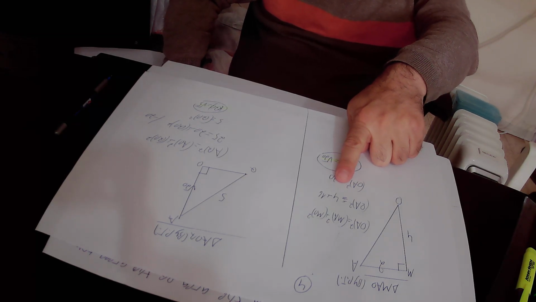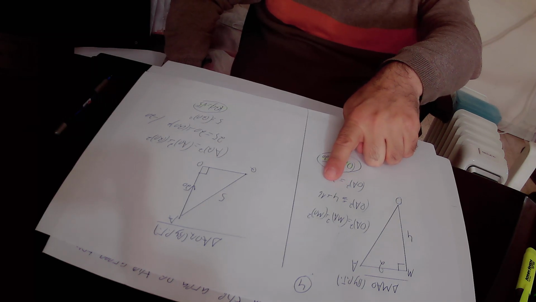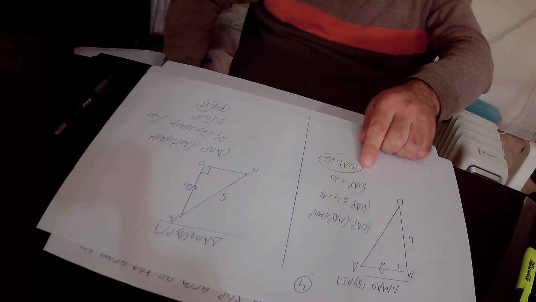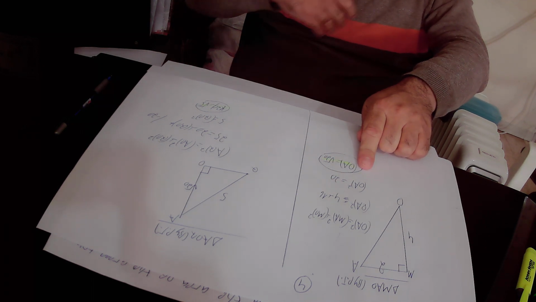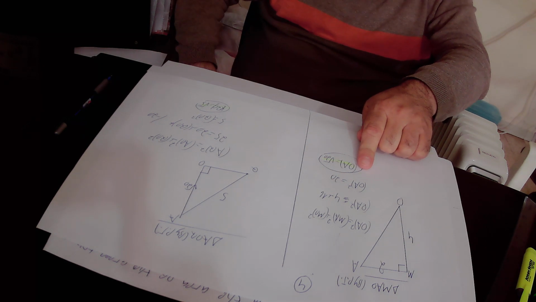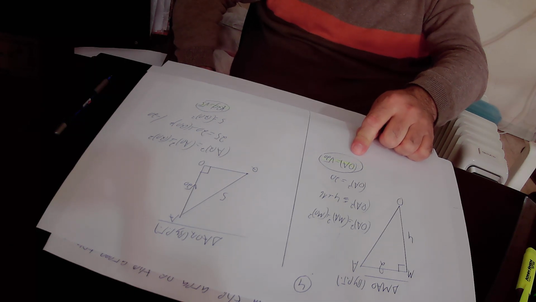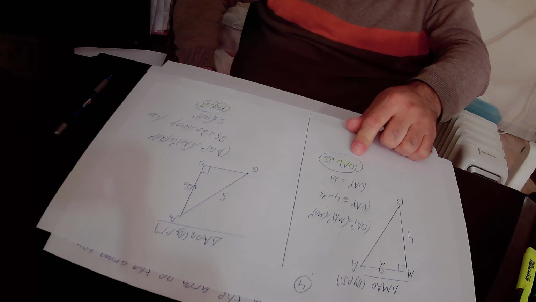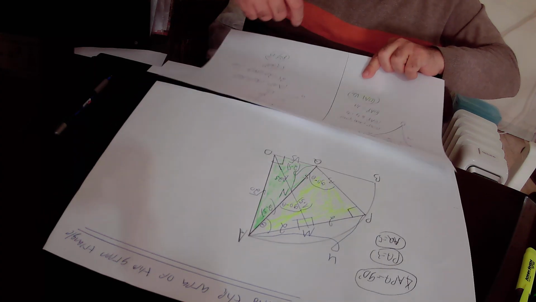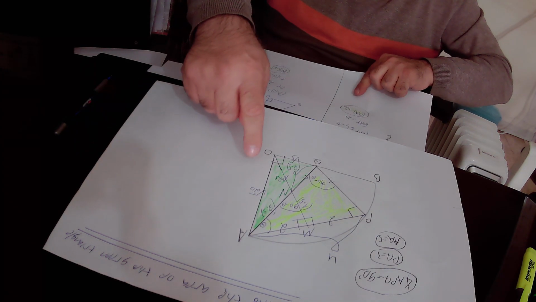MA is 2, therefore MA square is 4, plus MO square. MO is 4, therefore MO square is 16. So OA square equals 4 plus 16, that is 20. We took the square root of this equation and found finally that OA equals the square root of 20 units.